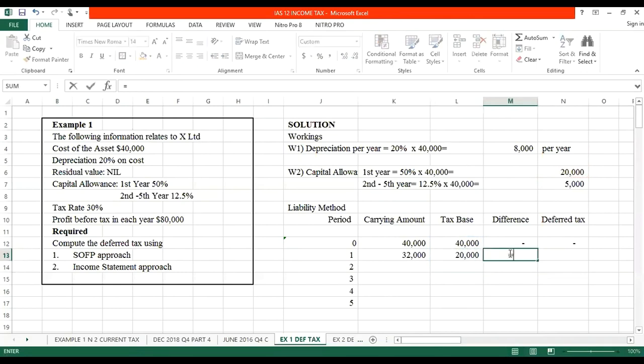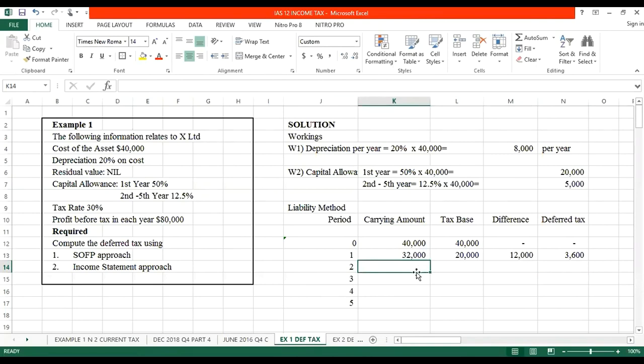The difference is 32 minus 20, which is 12,000. The deferred tax will be equal to that amount times, of course, 30%, which is 3,600. That is the deferred tax. Whether it's an asset or liability, I'll come to it next time.